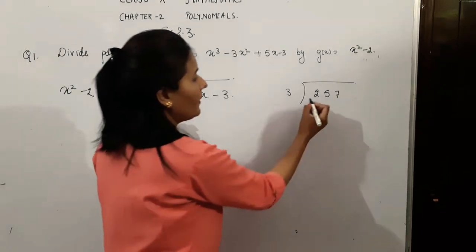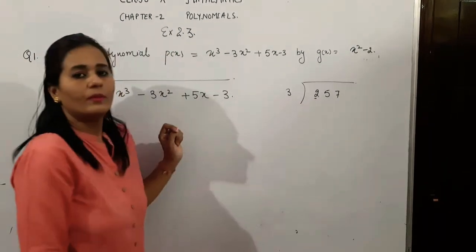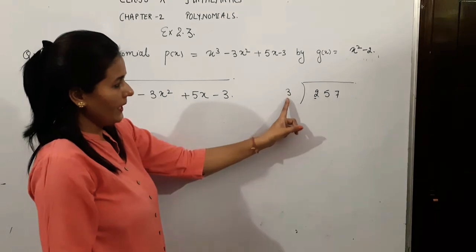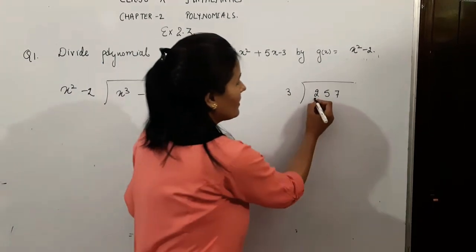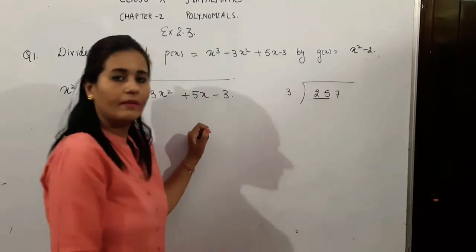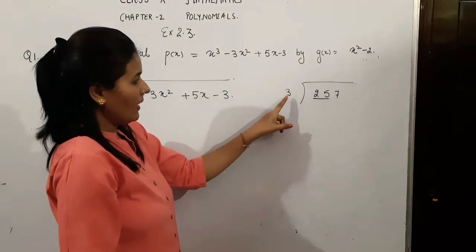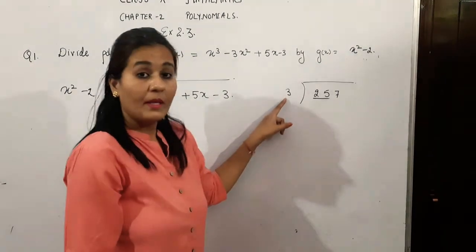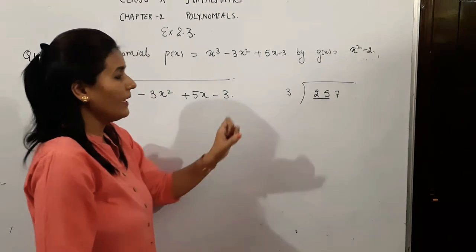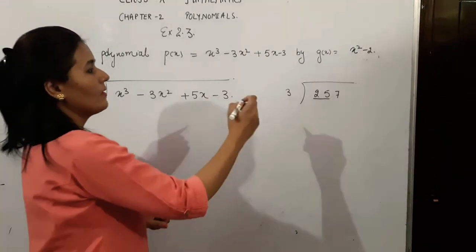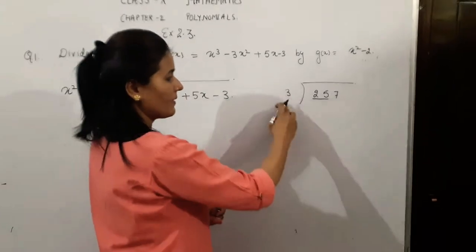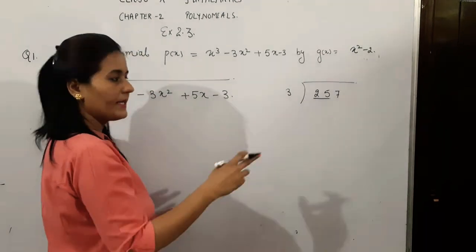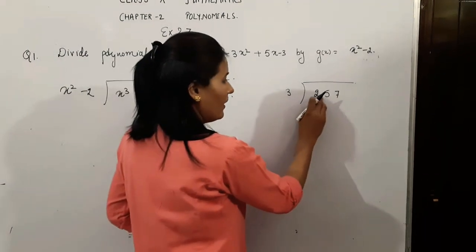First you have to check the first number, 2. This 2 is smaller than this 3, so you have to consider the first two digits, right? Then we start checking 3's table, all the multiples of 3. 3 ones are 3, 3 twos are 6, and so on. 3 eights are 24, right?